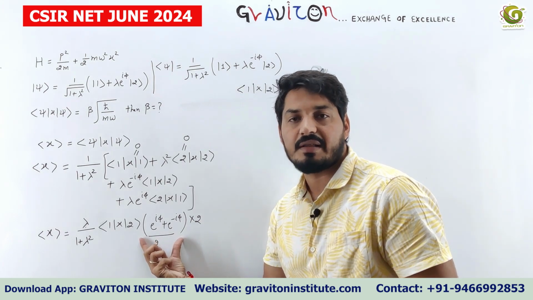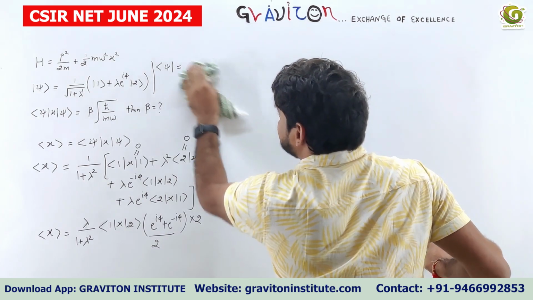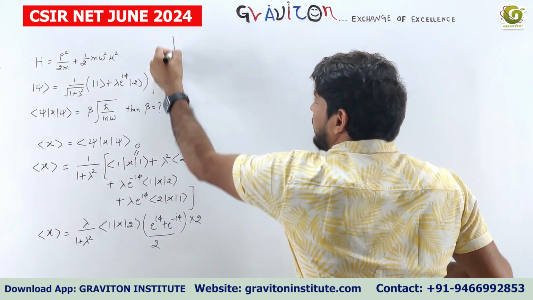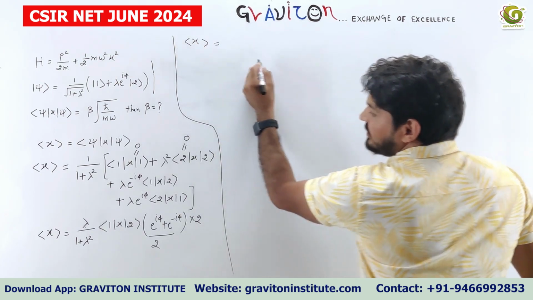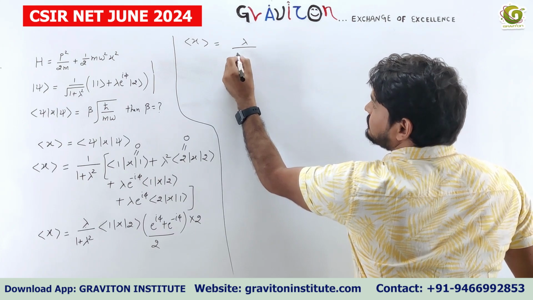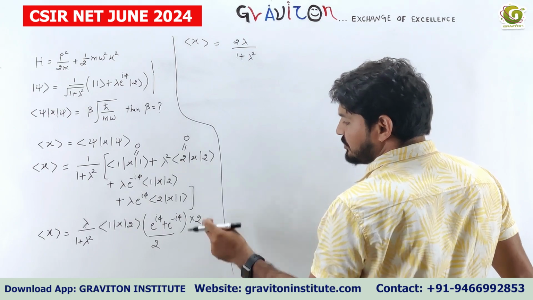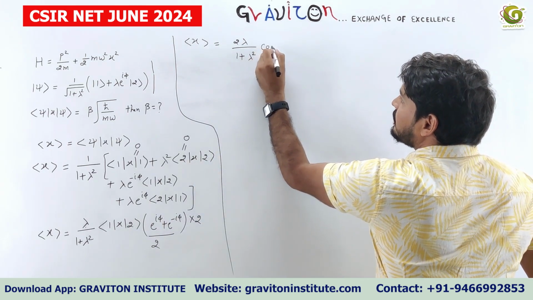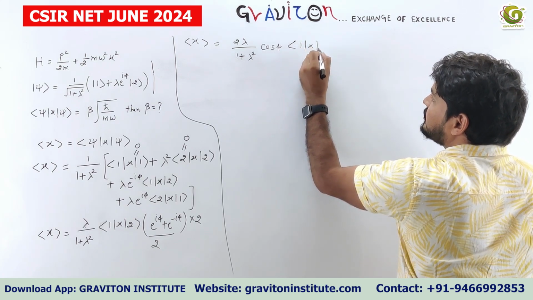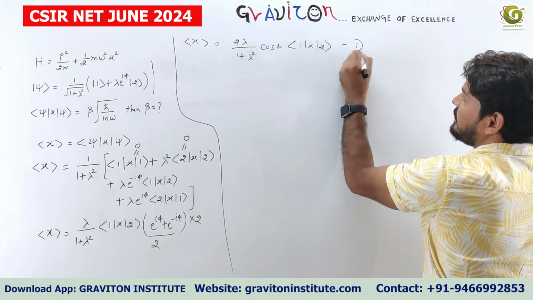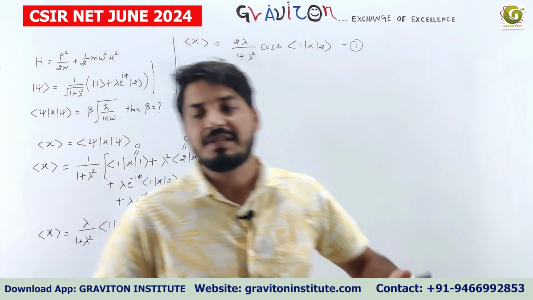This whole term is nothing but cos phi. So now you can write it like this: the expectation value of x is nothing but lambda over 1 plus lambda square, and this 2 is also there, and this is cos phi times 1x2. Let's suppose this is equation 1. So this is the expectation value. Now we have to only find out this term. So let's try to find out this term first.